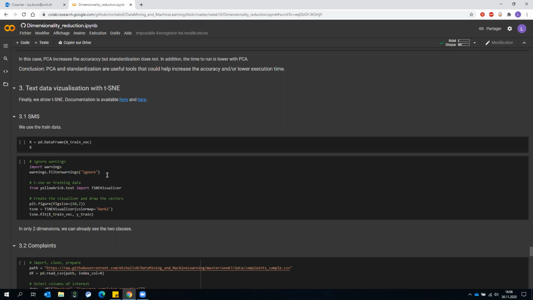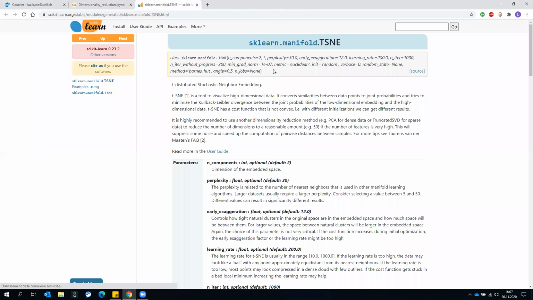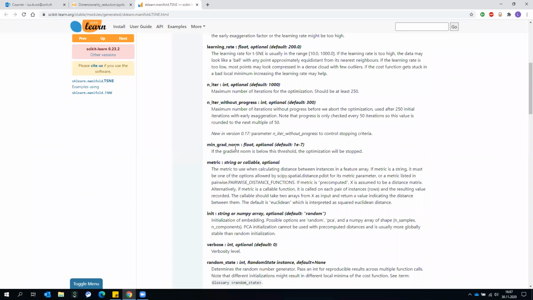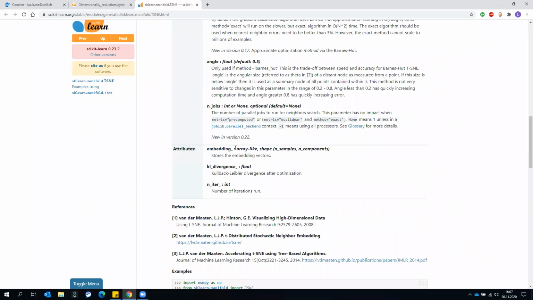Okay, and then at the end, I have an example of this TSNE. So you have documentation, you can find documentation. Basically, it's the same manifold as for the MDS. You can read this documentation if you want information.